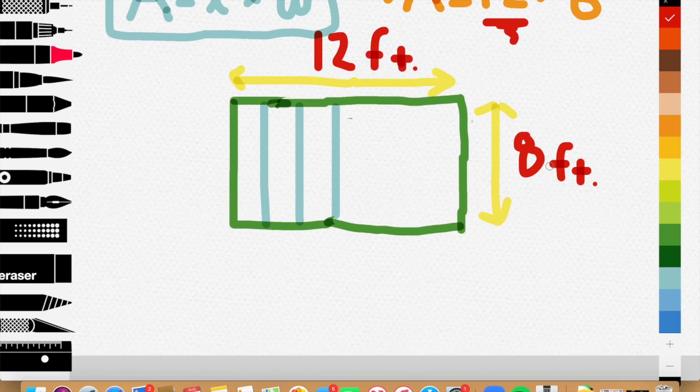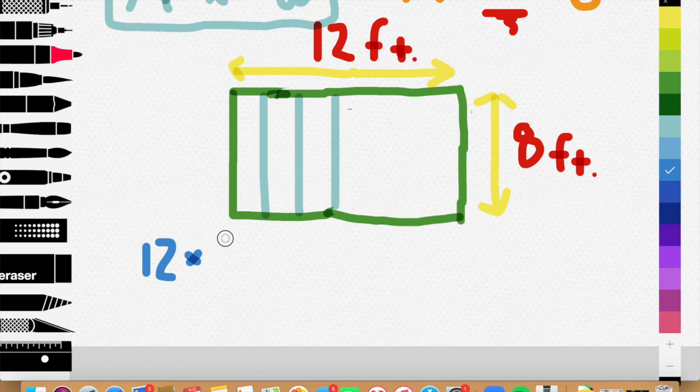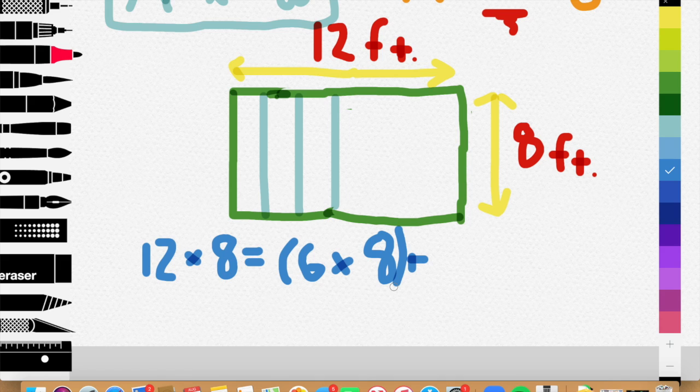So I'm actually going to do that down here. Let's go ahead and try that. So 12 times 8 is actually the same thing as 6 times 8, because half of 12 is 6, plus 6 times 8.